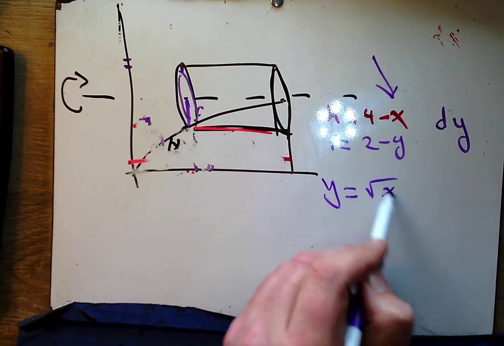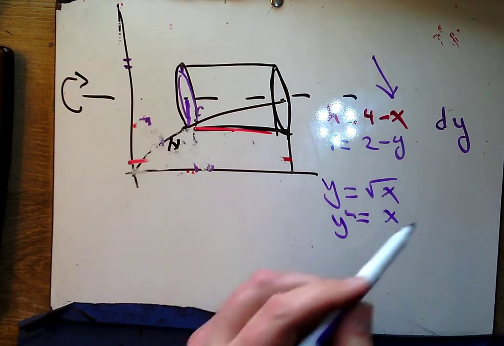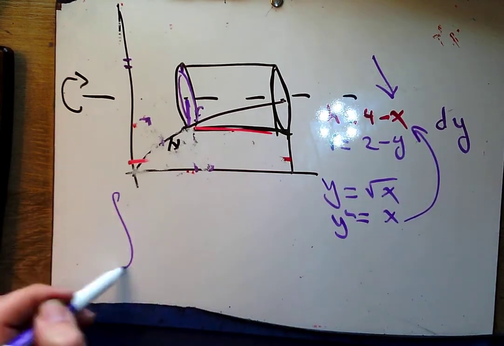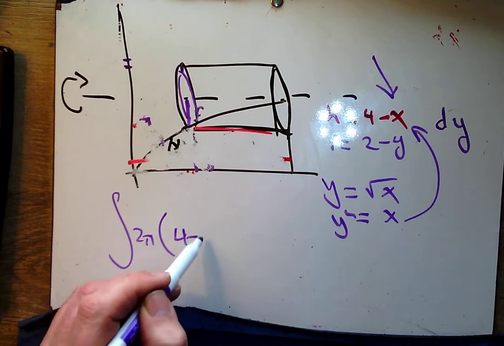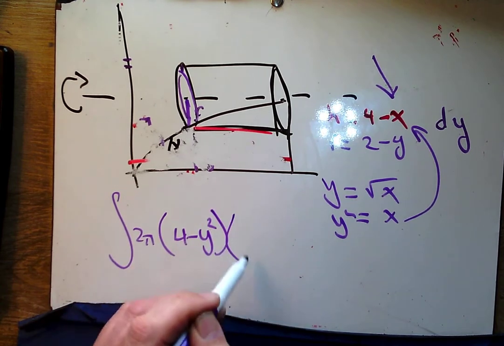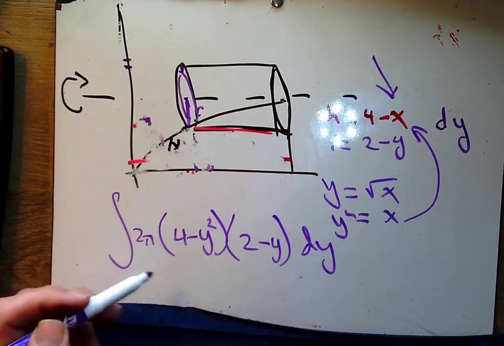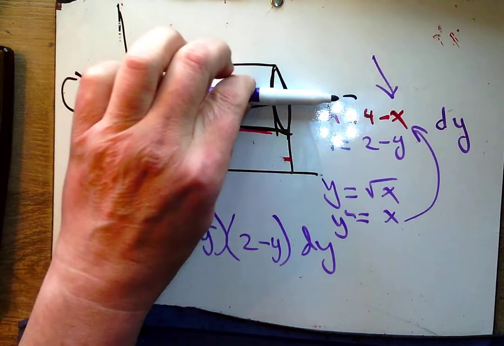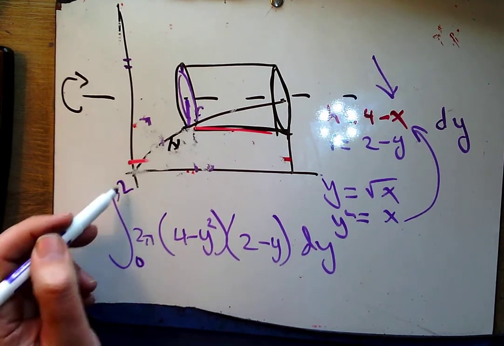Remember that y equals square root of x, and if we square both sides, x equals y squared. So I'm going to have the integral of 2 pi (4 minus y squared)(2 minus y) dy. Again, I'm integrating from here to here, and it's going to be 0 to 4.